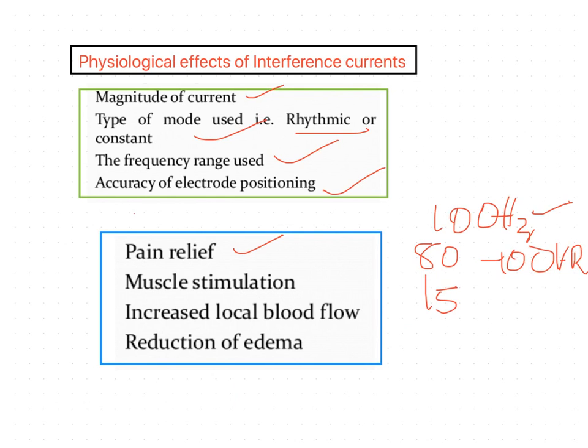How are these endorphins released? The nociceptive stimuli carried by the small diameter fibers finally reach the cortex.